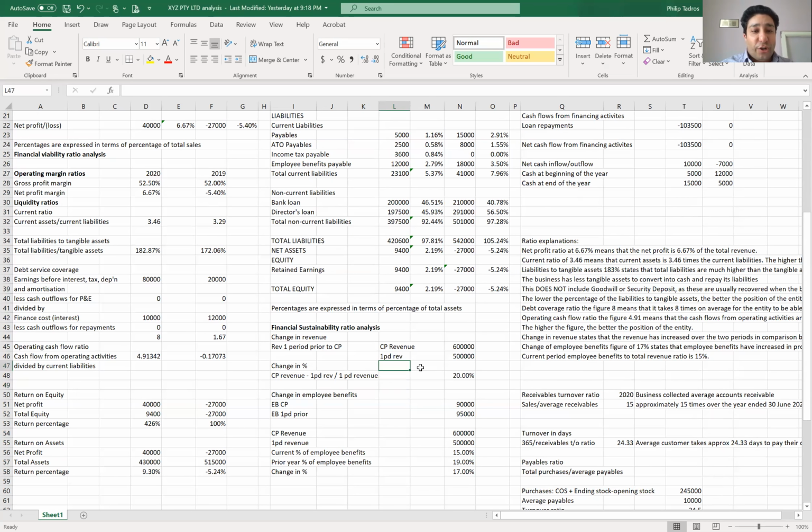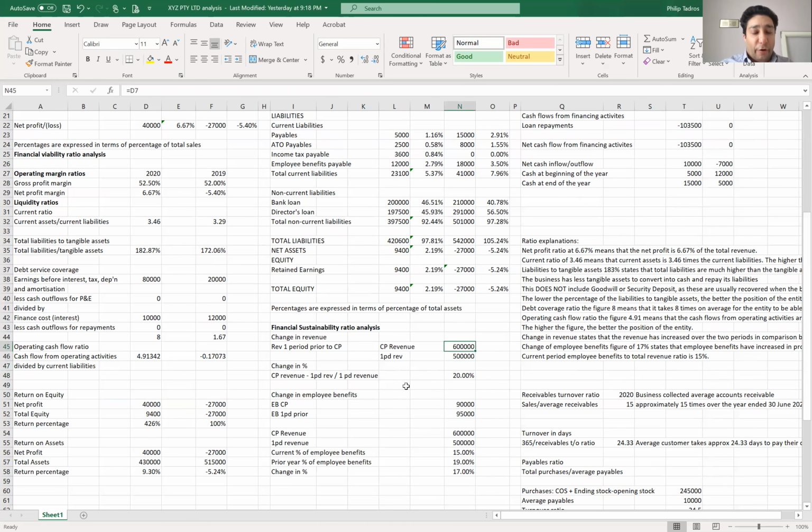So this first financial sustainability ratio works out your change in revenue. Now, to work out the change in revenue, you need to calculate at least 2 periods' worth of revenue. So the change is your current period revenue minus your prior year revenue, and then divided by the prior year revenue, in order to get the percentage.